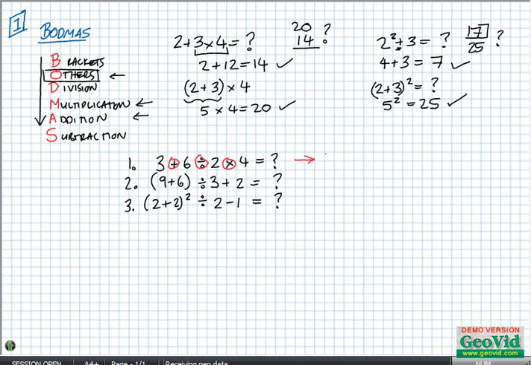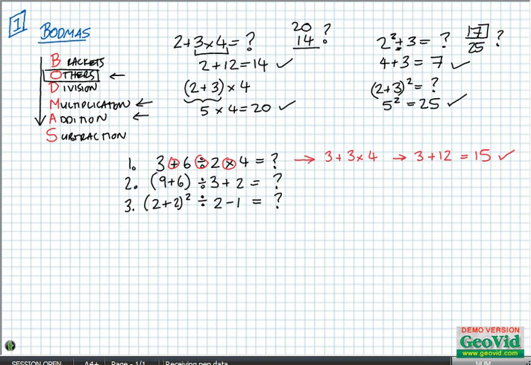So, we get 3 plus, and then you do the 6 divided by the 2, giving us another 3, and then we have the multiplied by 4 on the end. Then when we carry out the multiplication to give us 3 plus 12, and then we just finish it off to give us 15. So hopefully you got the correct answer.